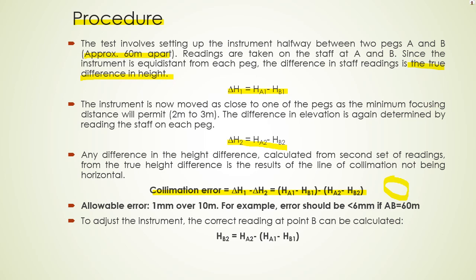If error exists, we need to compare to the allowable error or the limit. Normally we allow for 1 millimeter of the error over 10 meters distance between A and B. So in this case, if you have AB equals 60 meters, then the allowable error will be 6 millimeters maximum.